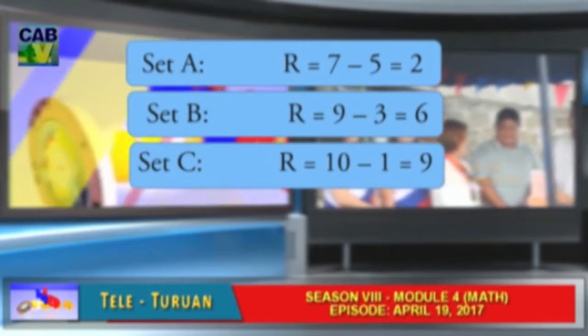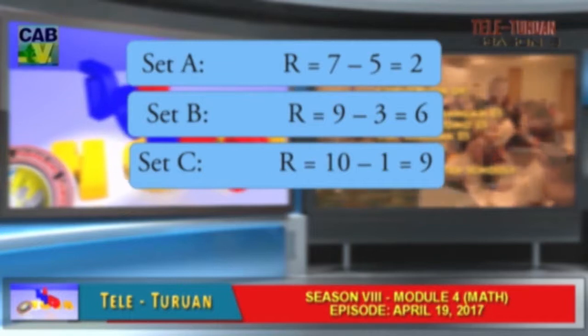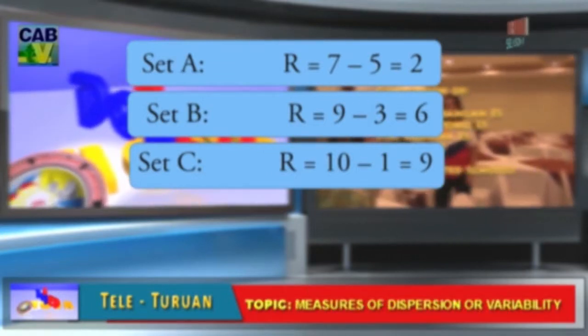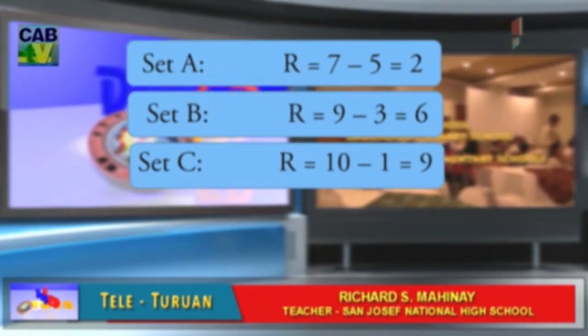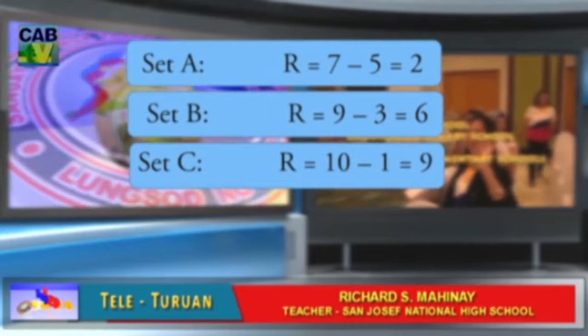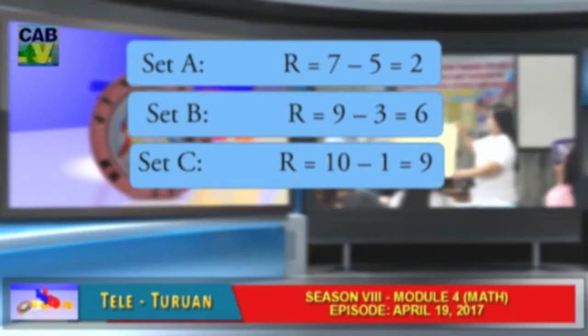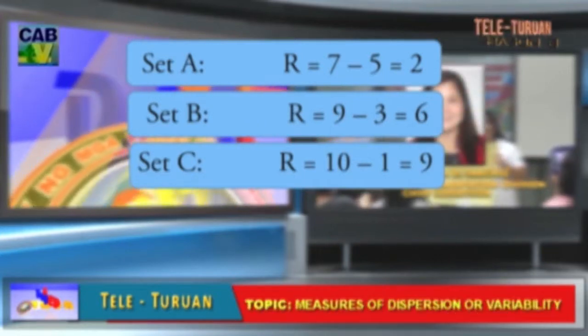Set C or section Thessalonians has the most dispersed scores among the 3 sections since its range is 9, while set A or section Sums has the least dispersed scores among the 3, since its range is the lowest, which is 2.